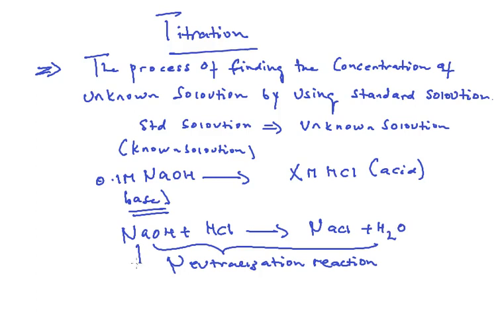Let's say sodium hydroxide is going to be our standard solution, which is 0.1 molar, and the hydrochloric acid is unknown solution, concentration is unknown. I'm going to put X, and by using sodium hydroxide, our standard solution, we will determine the concentration of hydrochloric acid. That's what titration is about.